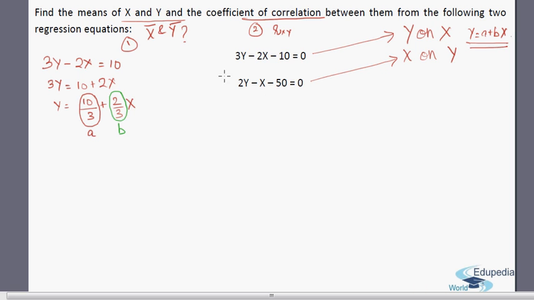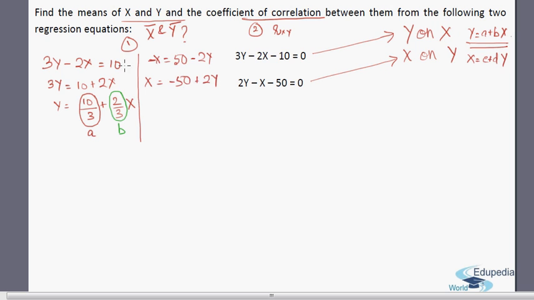In the same way, let's take the second equation, and let's write it in the standard form as x equals c plus dy. So let's keep x on one side. We'll have minus x equals minus 50 plus 2y. Okay, and then when we take the minus to the other side, we'll have x equals 50 minus 2y.